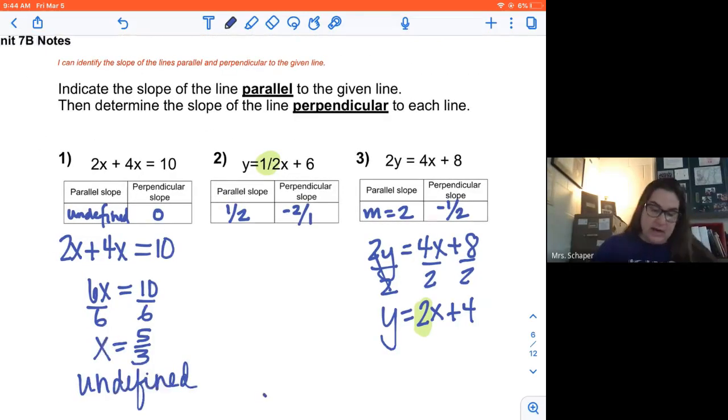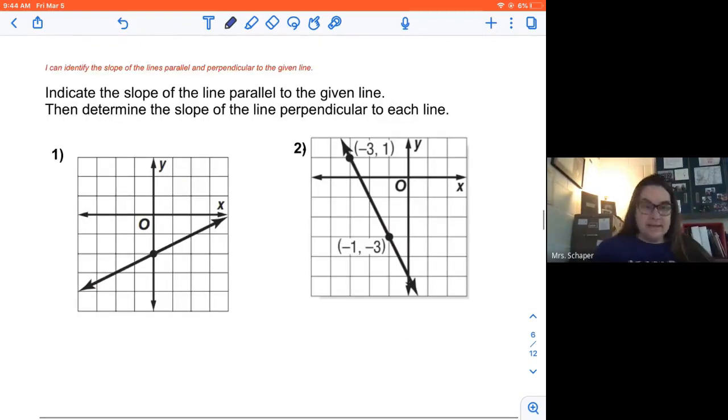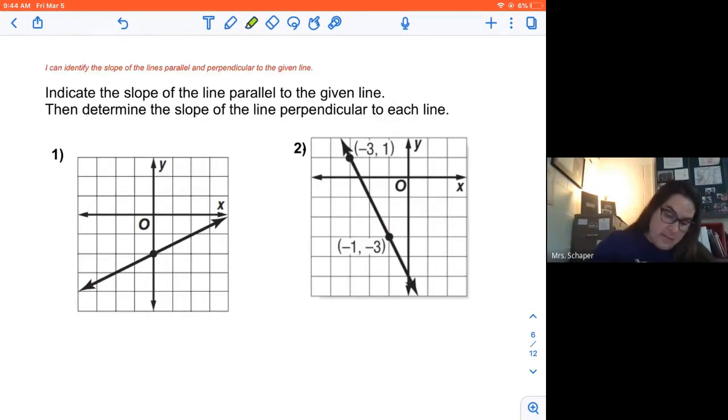Let's do one more graph and then we're going to get into writing some equations. Okay. Indicate the slope of the line parallel to the given line and also the slope of the line perpendicular to each line. So for number 1 here, my slope, I'm going to find 2 ordered pairs. I'm going to find here and here. I rise 1, I run 2.